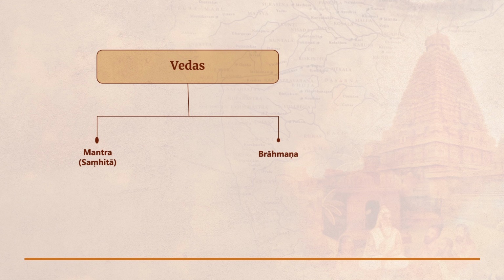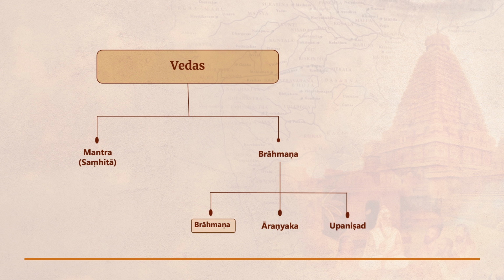So as you see here, each Veda can be classified, at the first level, into 2: mantras, also called Samhita, and the Brahmana. The Brahmana itself, if you look at it very closely, you will find can be of 3 parts.